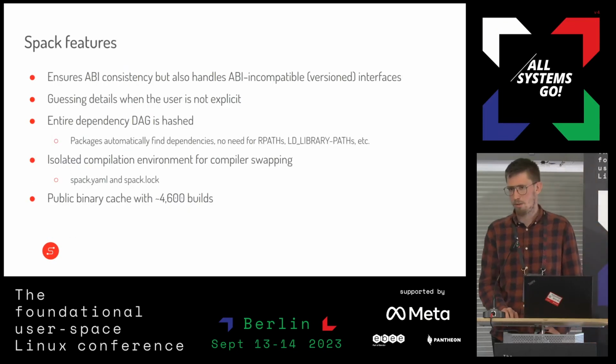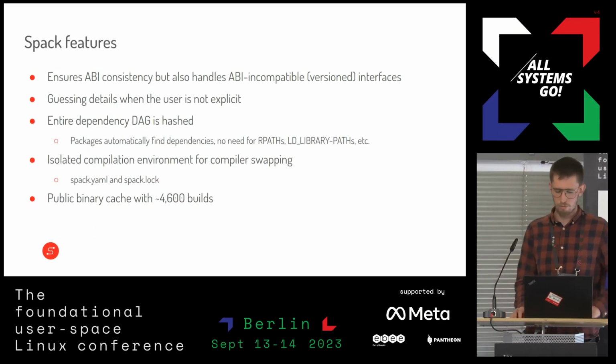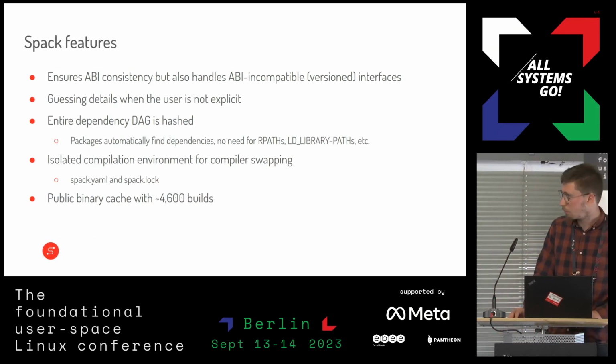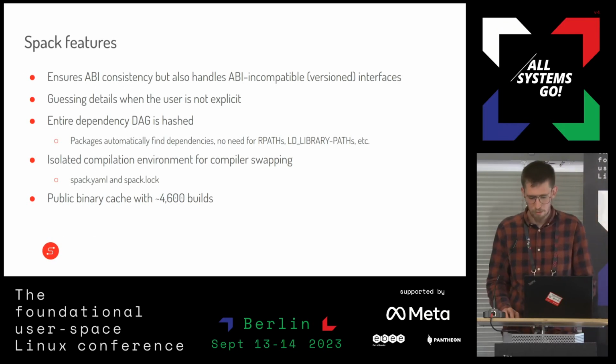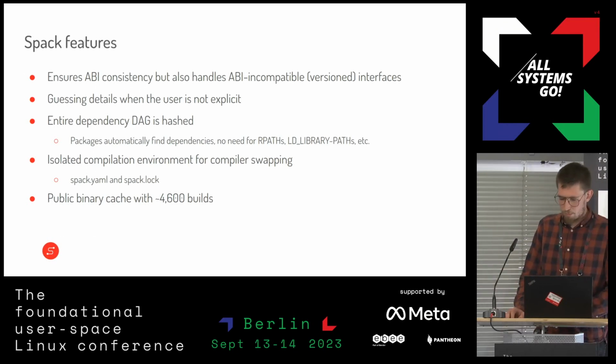So some other notable features of Spack. They are mostly a function of its theoretical design, right? During dependency resolution, the concretizer resolves a DAG problem, right? A graph problem, and it can use a lot of this information to ensure ABI compatibility.